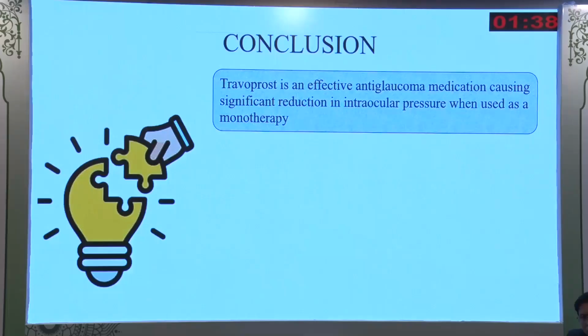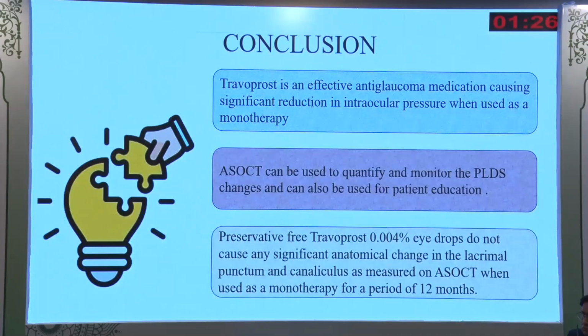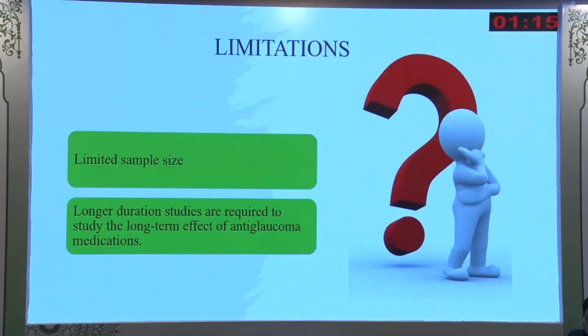So travoprost is an effective anti-glaucoma medication causing significant reduction in IOP when used as a monotherapy. ASOCT can be used to quantify and monitor the proximal lacrimal drainage system changes and can also be used for patient education. And travoprost does not cause any significant anatomical change in the punctum and canaliculus as measured on ASOCT when used as a monotherapy for a period of 12 months.